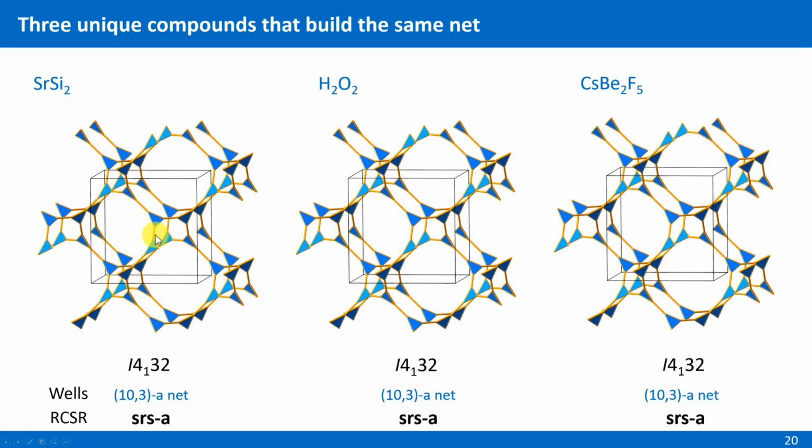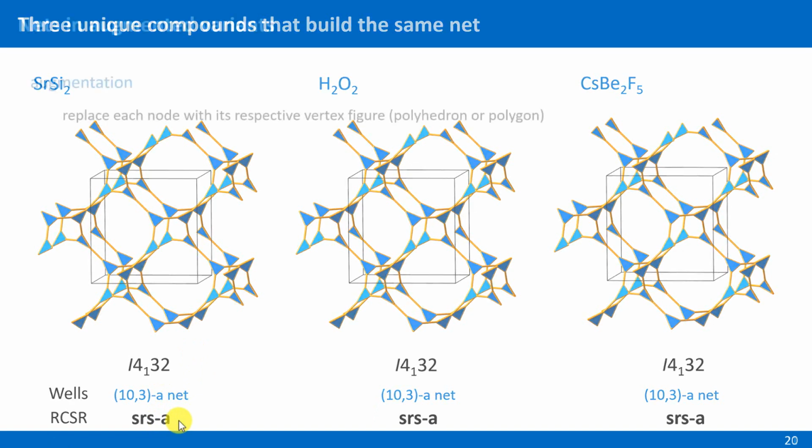You see here not 3-coordinating vertices but such triangles. This is called an augmented representation. This is the reason why here is an additional extension, this -A. However, this A has nothing to do with this A from Wells. This A stands for augmentation, and augmentation means the following.